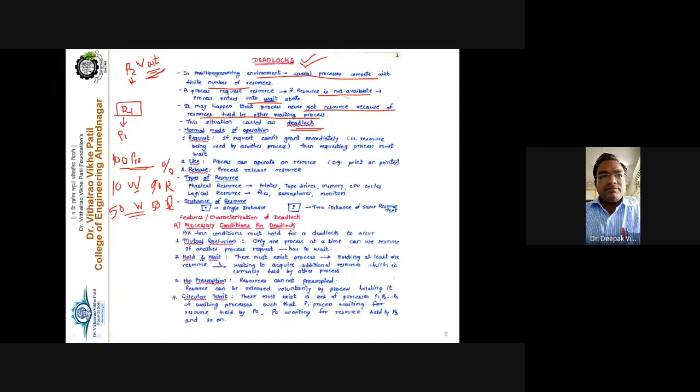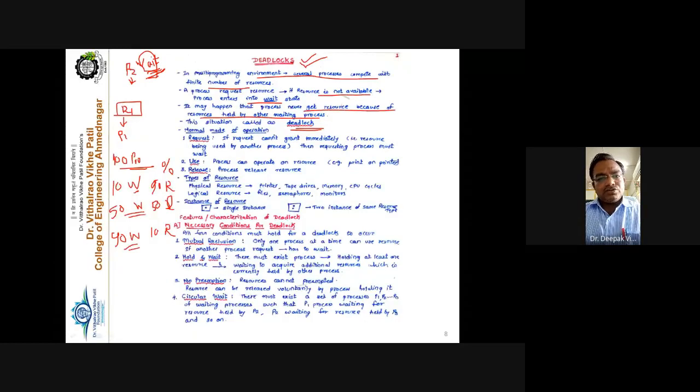Again, after some time, the scenario changes, and it may happen that 90 processes are in a waiting state and only 10% are in a running state. What is the scenario? The 90% of processes got into the waiting state and got stuck. They could not run successfully, because they are not getting the resource for their execution.